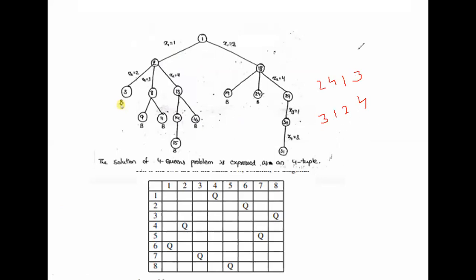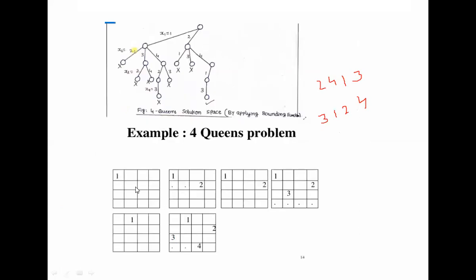Let us check whether it is correct or not. Next we see this table. First you place Q1 in the third column. Reversing it is also a solution.